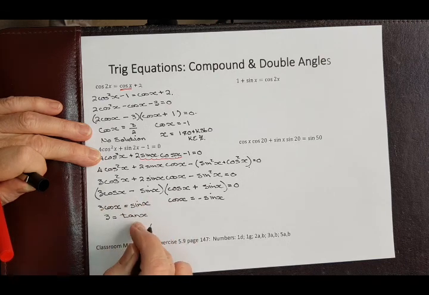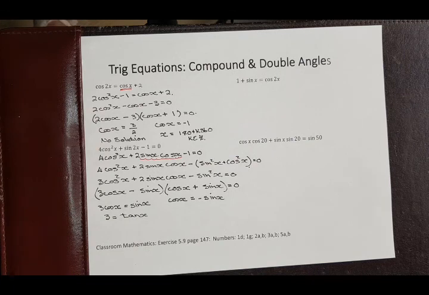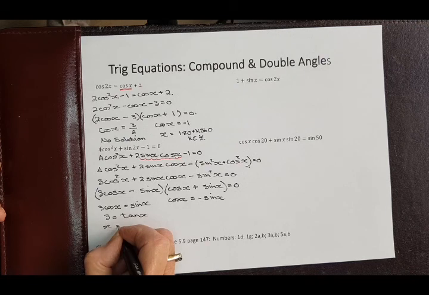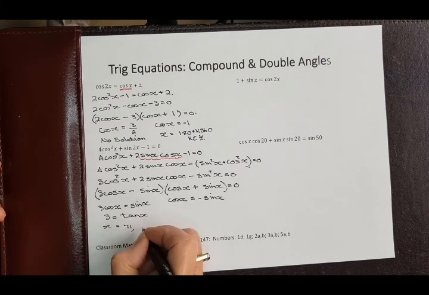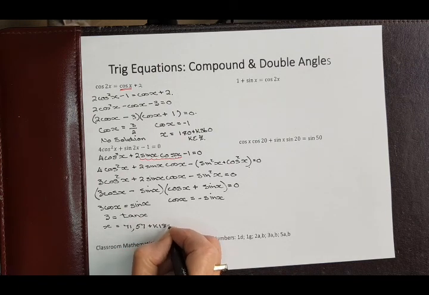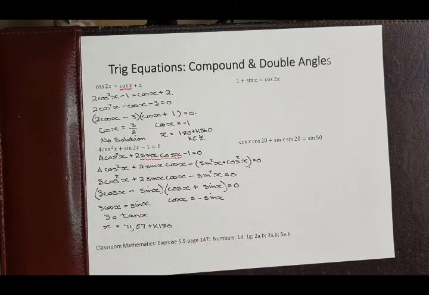Sin x divided by cos x gives me that tan x. Then we need to arctan 3. And arctan of 3 gives us an x value of 71,57, the general solution for tan plus k 180.